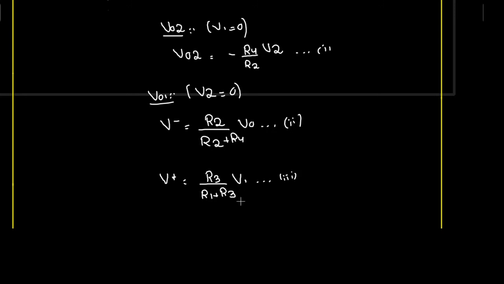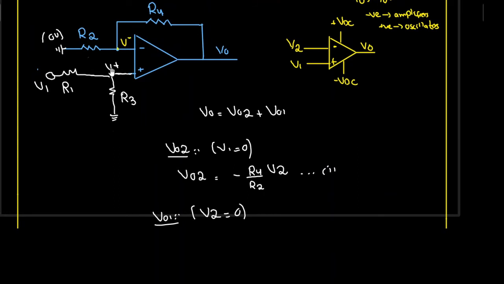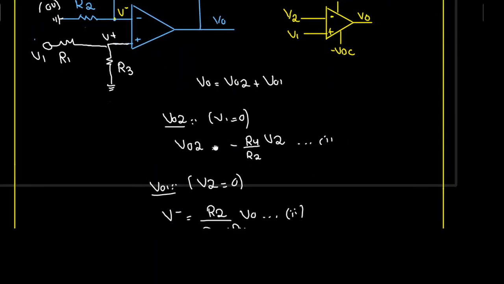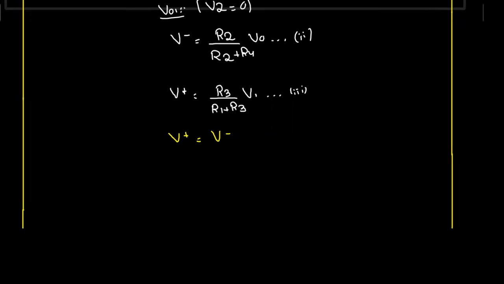This is V1. Now, using the concept of virtual short, this V plus and this V minus will be of equal voltage. So V plus is equal to V minus, which means that equations 2 and 3 will be equal. So I am going to write equations 2 and 3 over here. R3 divided by R1 plus R3 into V1 is equal to R2 divided by R2 plus R4 into VO1.